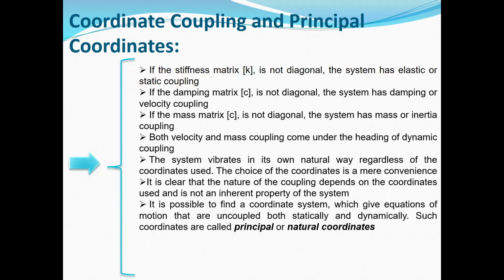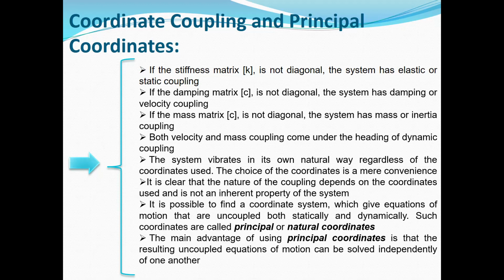And you will see that we will have two independent or two uncoupled equations. So this is one important point in this section, and later we will discuss how we can obtain the principal or natural coordinates.